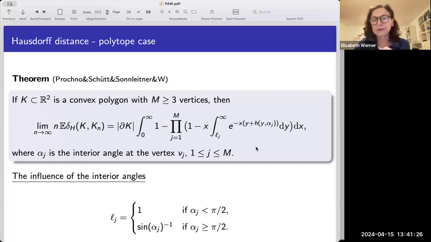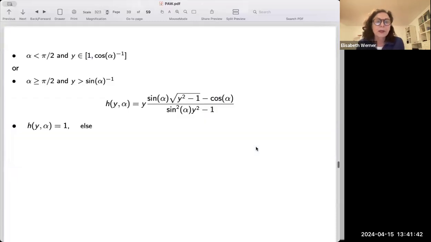Now, under the integral here, we'll have the exponential function e to the minus x times y plus h of y, alpha j. So the question, of course, is what is this function h? So let me explain that next. Here it is.